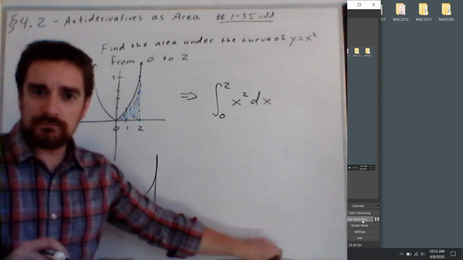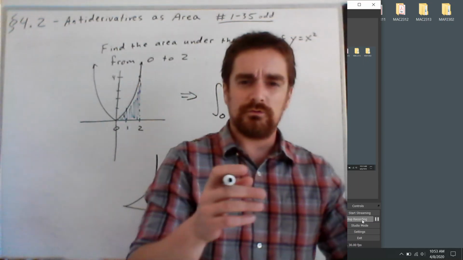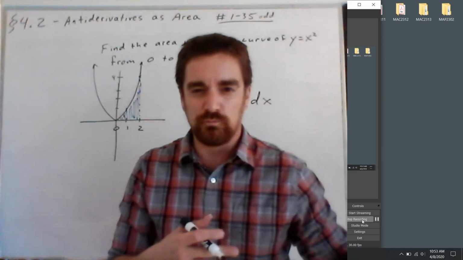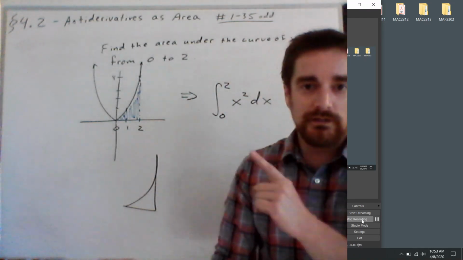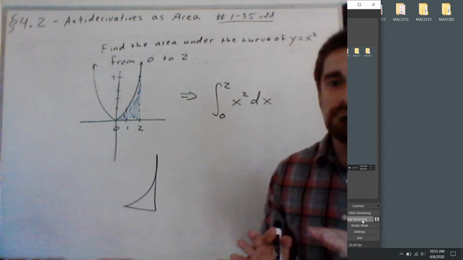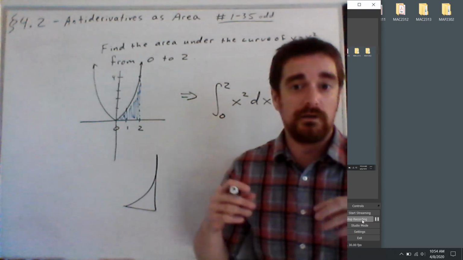So 4.2 seems a little cumbersome because it's mostly relying on old geometry and then introducing these weird approximations with these weird rectangles. Don't worry about it. As soon as we pass 4.2 and get into 4.3, it becomes much more mechanical and much more simple. It's just, in my opinion, plug and chug.